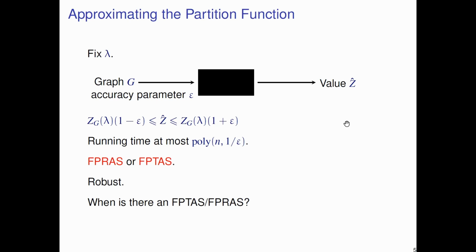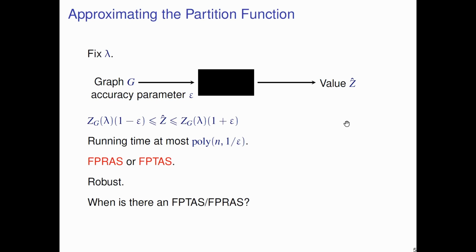And z hat doesn't have to be exactly the value of the partition function z, but it should be within 1 plus or minus epsilon, so within a factor of 1 plus epsilon, 1 minus epsilon. And the idea is that the running time should be a polynomial in n, the number of vertices in the graph, but also a polynomial in 1 over epsilon. And so as we demand more and more accuracy, you're allowed more and more time, but not arbitrarily so.